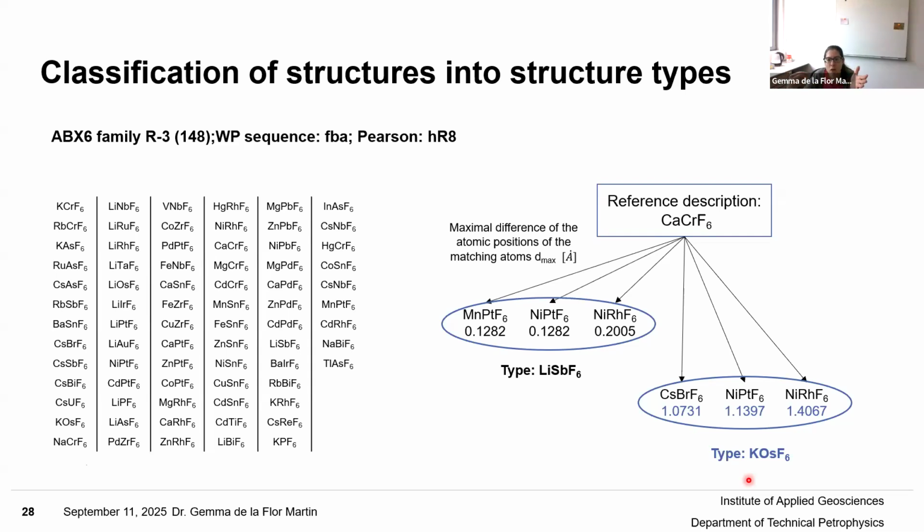The classification of crystal structures into structure types has been, as I said before, a difficult problem in crystallography since its beginning, and is still an open problem. Different definitions and procedures for the classification and measures of similarity have been suggested and tested over the years.